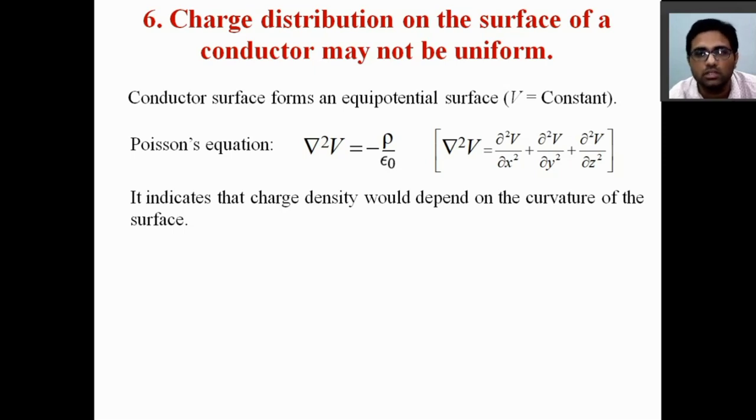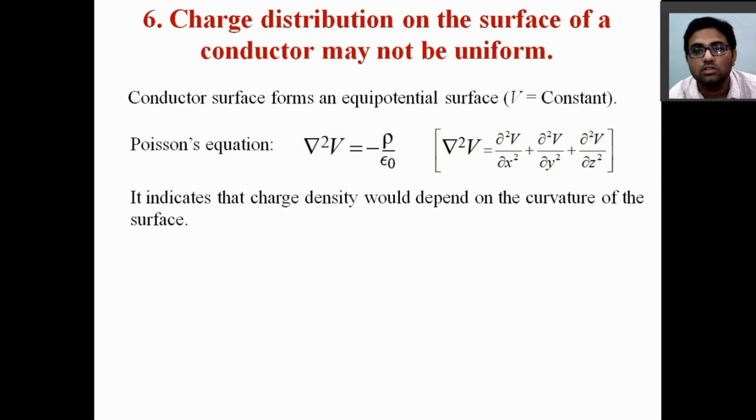Now let's prove this. You know that the conductor surface forms an equipotential surface, right? Now from Poisson's equation, we can tell that the charge density would depend on the curvature of the surface. Now why is it so?